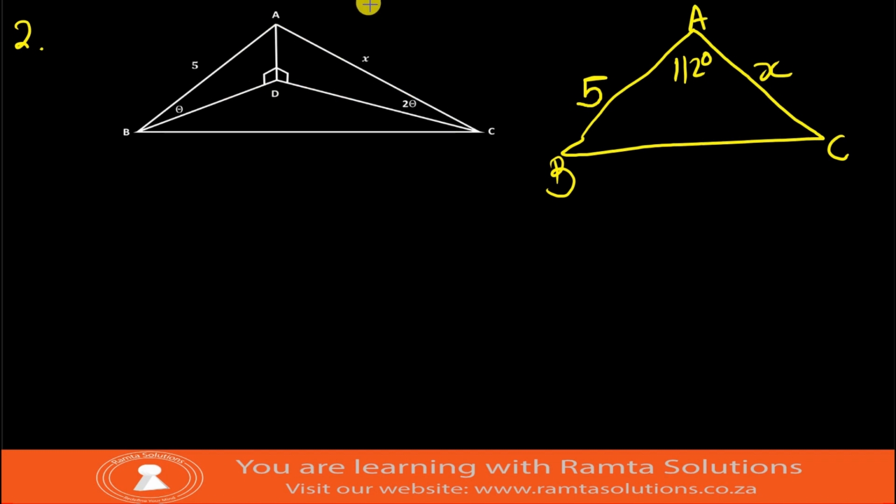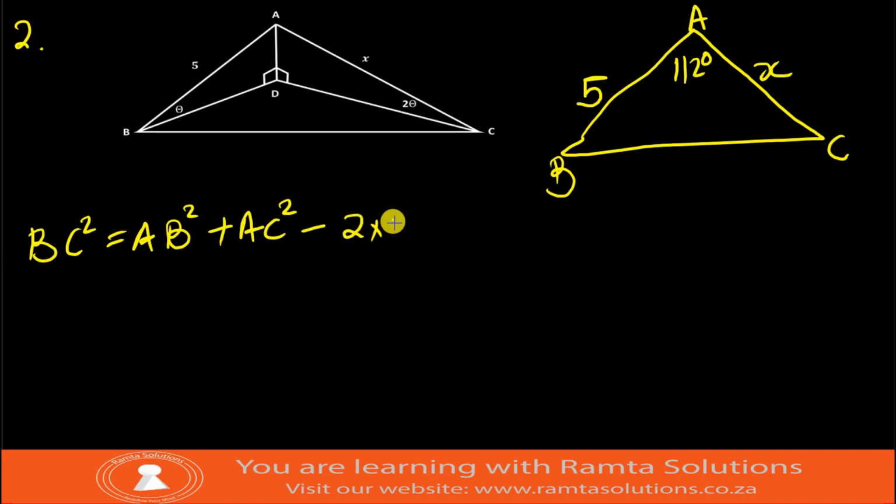We have two sides and an included angle, so we use the cosine rule. By now you know it: BC squared equals AB squared plus AC squared minus 2 times AB times AC times cos of angle BAC.